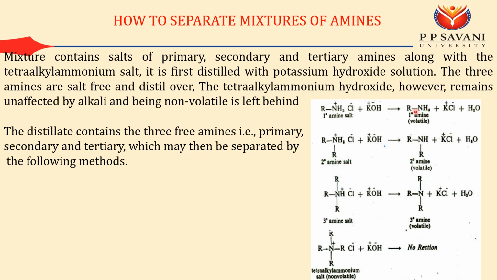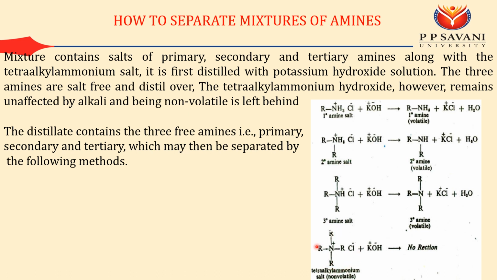Once you do this, a primary amine salt gives a primary amine, a secondary amine salt gives a secondary amine, and a tertiary amine salt gives a tertiary amine. For tetra-alkyl ammonium salts there is no reaction. So this will remain as a salt in my solution, and I have to prepare the solution in water.